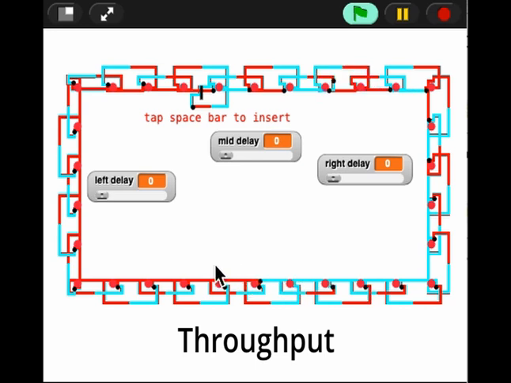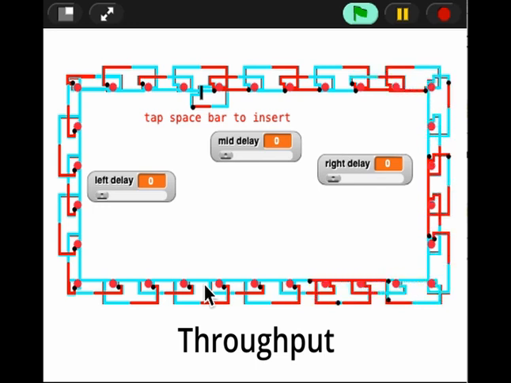All right. So we'll define the throughput of the wavefront as the number of wavefront pairs that flow past a point on the ring in 1 unit time. And we'll define the unit time as the time it takes a wavefront pair to flow completely around the ring.